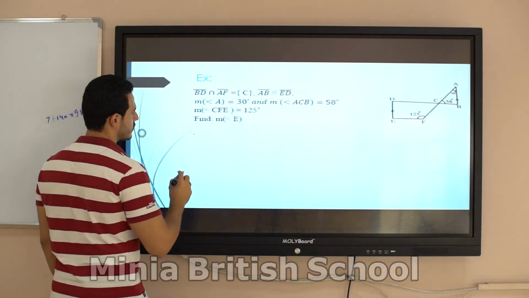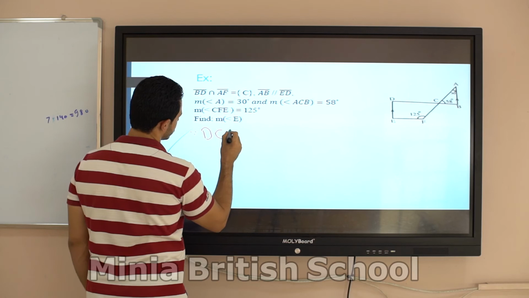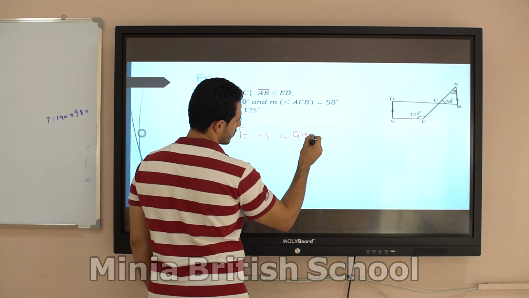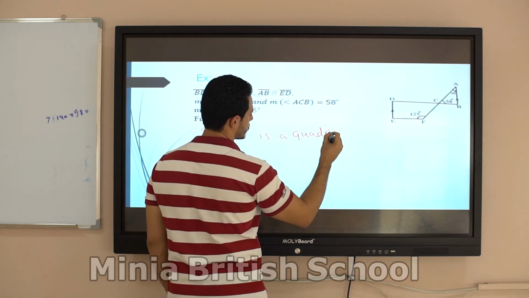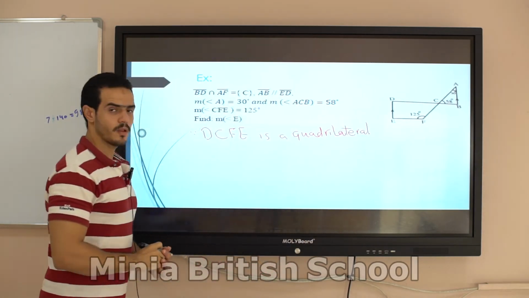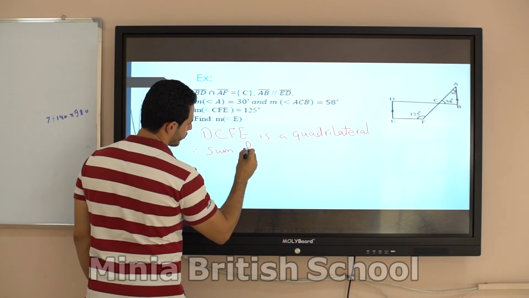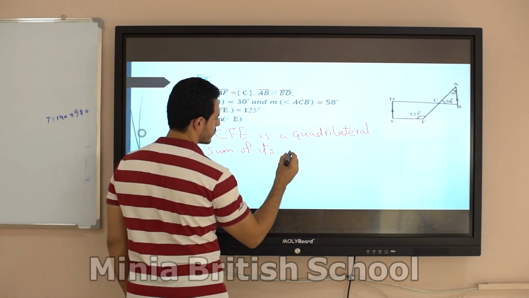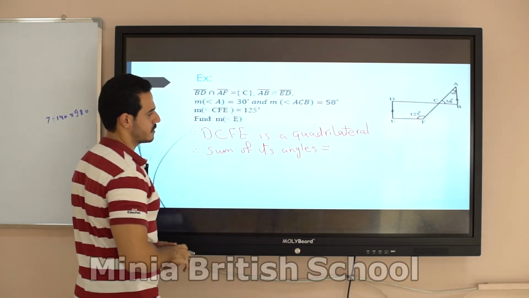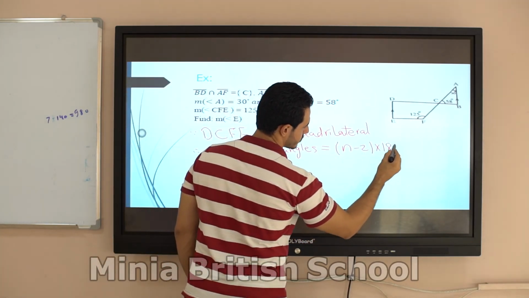Since DCFE is a quadrilateral, then the sum of the measures of its interior angles equals n minus 2 times 180.